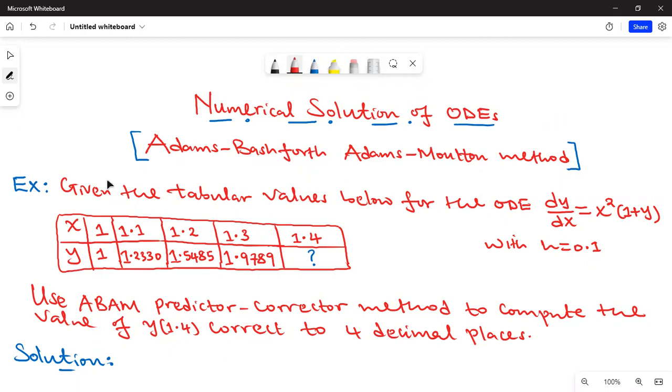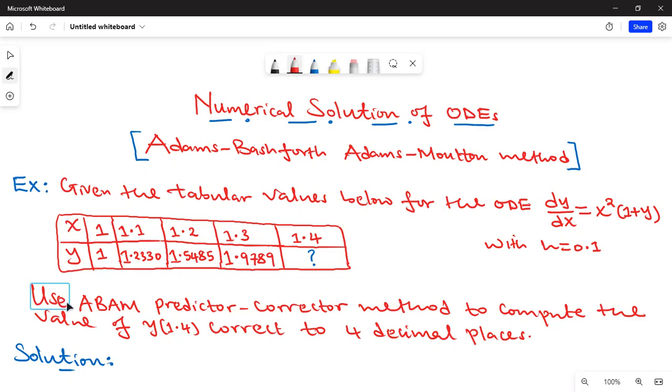Now we are given this question: given the tabular values below for the ODE, dy over dx is equal to x squared times 1 plus y, with the step size h equal to 0.1. So we have the table of x versus the y values.